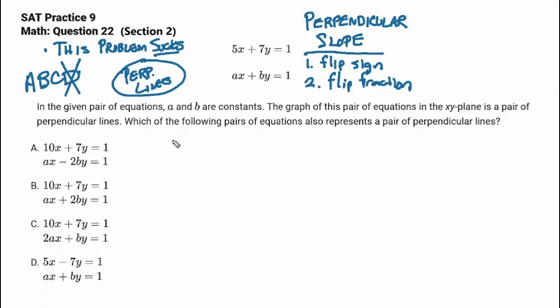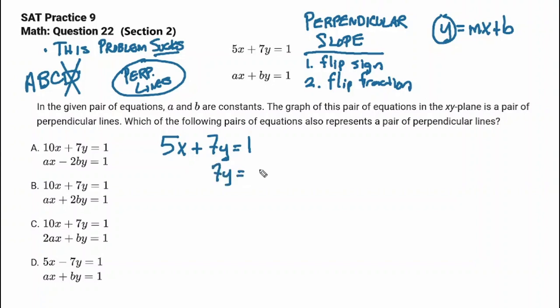So 5x plus 7y equals 1. And what's the slope? We don't know, because the form of the equation has to be y equals mx plus b. 7y, that's on the correct side. 7y equals negative 5x plus 1. We're going to have to divide every term by 7 to get y naked and alone.